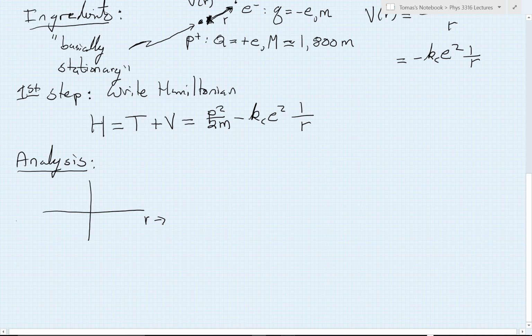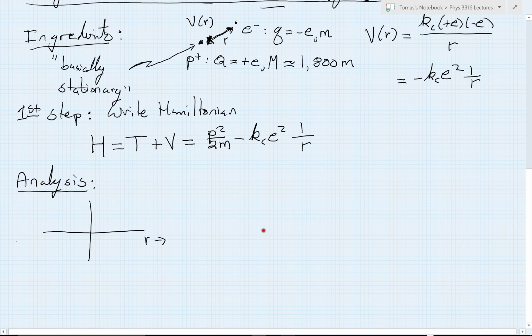The first critical function here, of course, is the potential. So let me sketch the potential. I want you to notice that this potential energy is negative and it diverges as r goes near the origin. So it's going to go down towards infinity here. But then as r increases, it begins to approach the horizontal axis from below, like so.